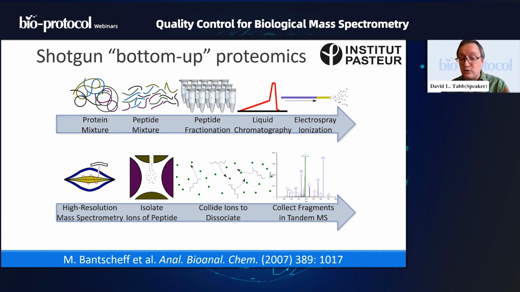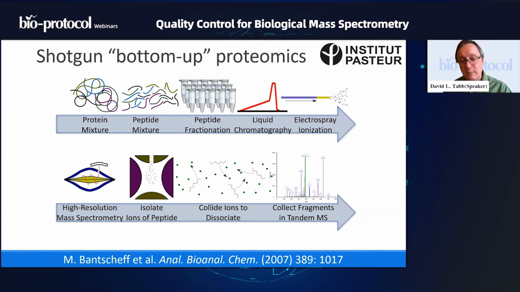So that's rather powerful. It's doing a lot of work for us. So this high resolution mass spectrum is characterizing the intact peptide ions, not proteins. They've already been digested, and not all the peptides at once, just the ones that are coming off the column right now.